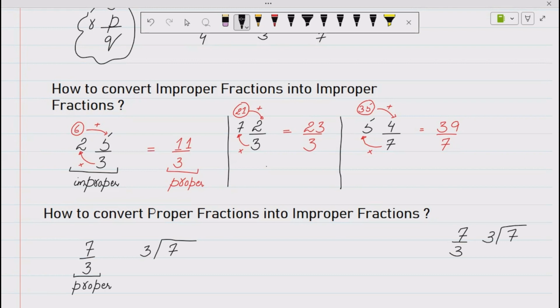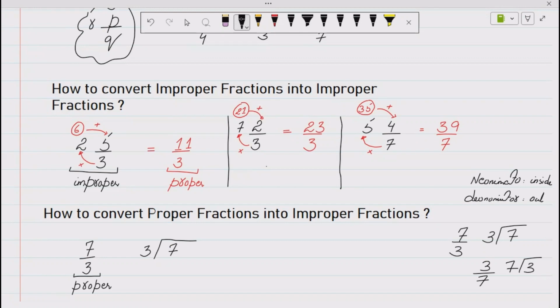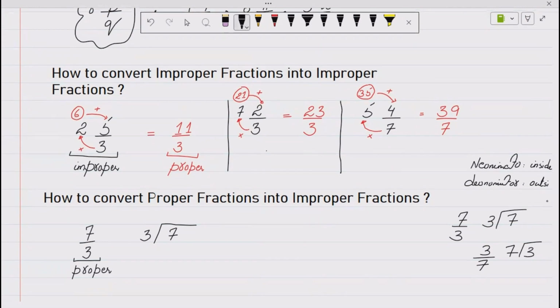Always remember, if it is given like this, we have to put 3 outside and 7 inside. The numerator in the division always goes inside and the denominator comes outside. Always outside.